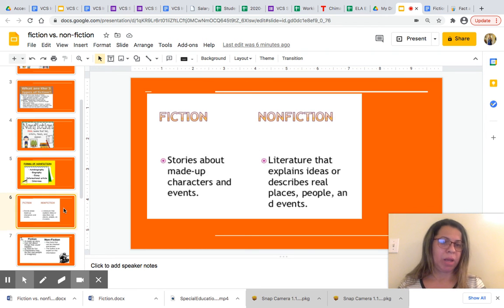Now, let's look at fiction versus non-fiction side by side. Fiction is stories about made-up characters and events. Non-fiction: literature that explains ideas or describes real people, places, and events.